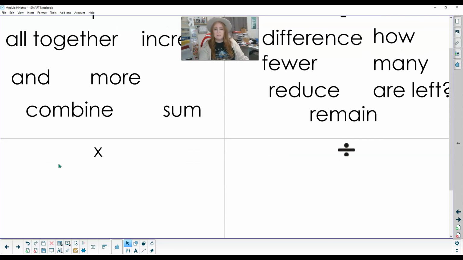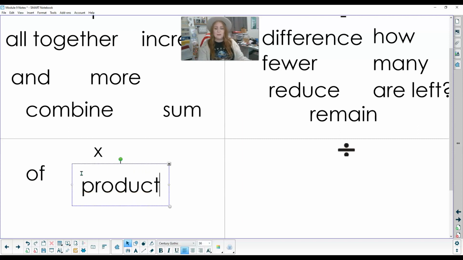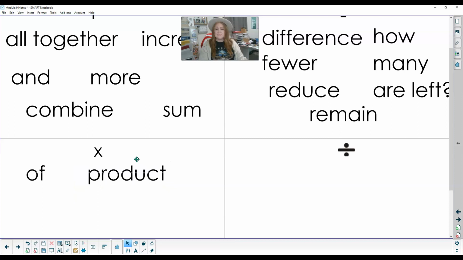Okay, and then we've got multiply. When we hear the word of, that's a really good keyword that it means to multiply. You've got 2 groups of this. I want 1/3 of this number. Just because it says of doesn't always mean multiply, but when it's of a number, that's a good clue. If it asks for the product, that is the multiplication answer.